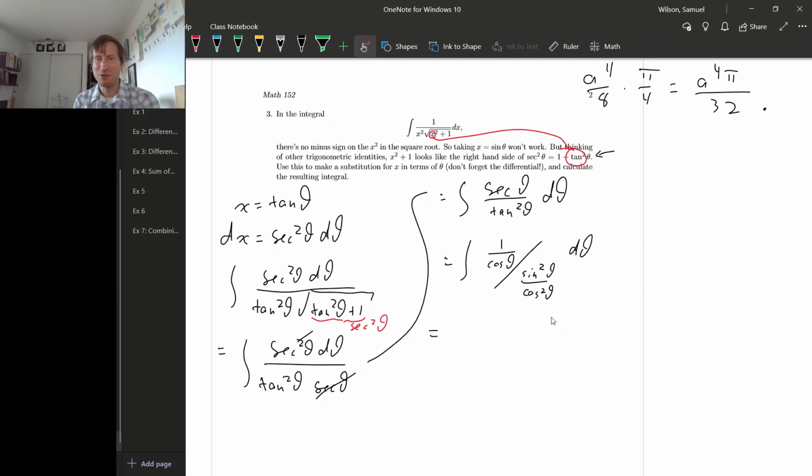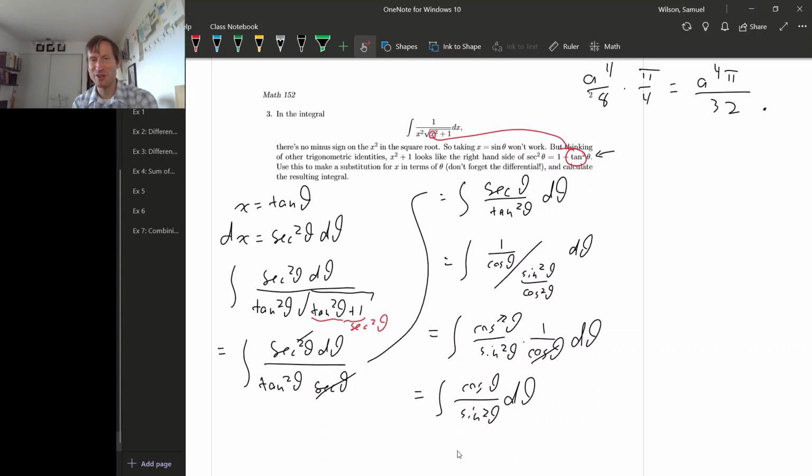And then we should simplify this messy rational fraction. Flip the denominator, we get cosine squared theta over sine squared theta times another 1 over cosine theta. But then a factor of cosine has gone, d theta. So we're left with the integral of cosine theta over sine squared theta, d theta.